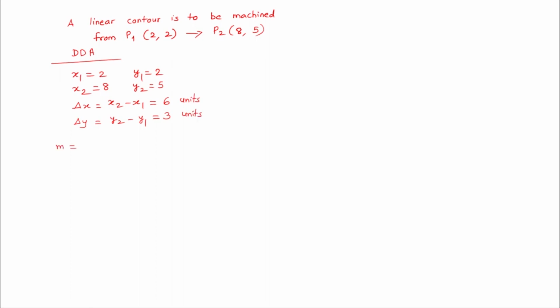The slope of the line is delta Y divided by delta X, and that is coming around 0.5. So let us prepare a table that will help us to move from point P1 to point P2 by following the DDA algorithm.